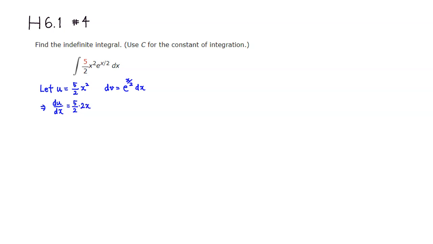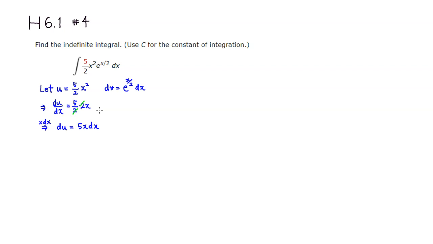So we can cancel the 2 on top and the 2 on the bottom. So this is just going to be 5x. If you multiply through by dx, we have an expression for du, which is going to be 5x dx.